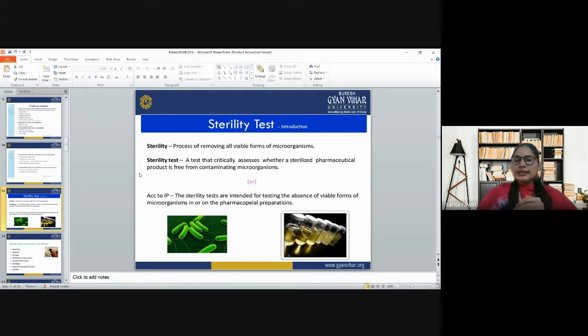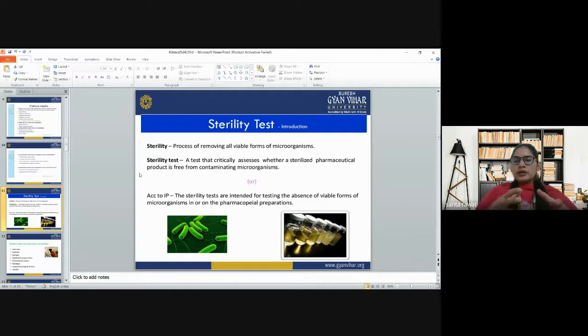Sterilization is a process of removing all the viable forms of microorganisms. So a sterility test is a test that critically assesses whether a sterilized pharmaceutical product is free from contaminating microorganisms or not. And when we see the second way of sterility test, according to IP, the sterility tests are intended for testing the absence of viable forms of microorganisms in the pharmacopoeial preparation.